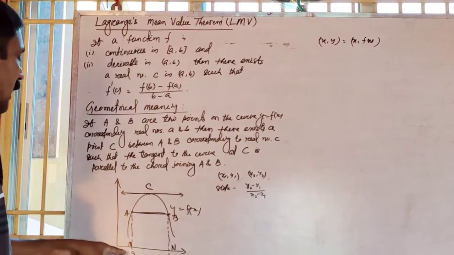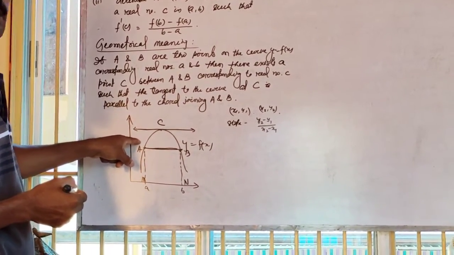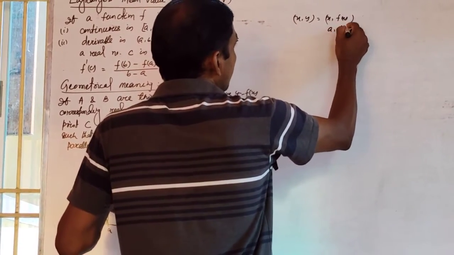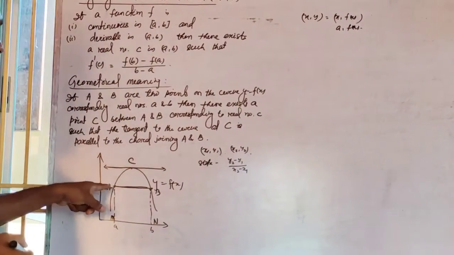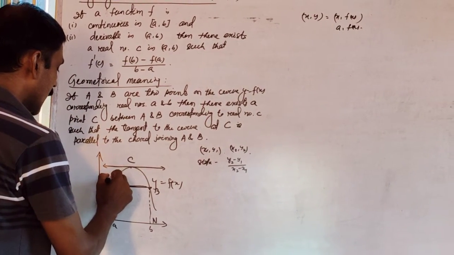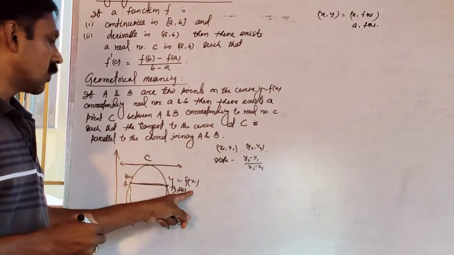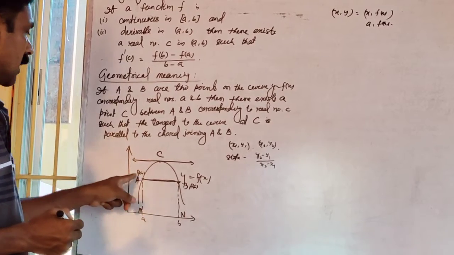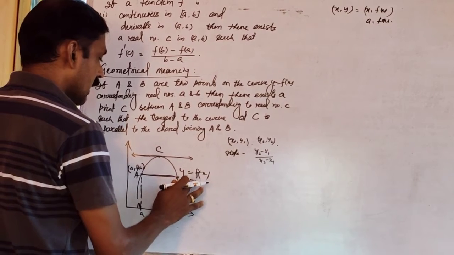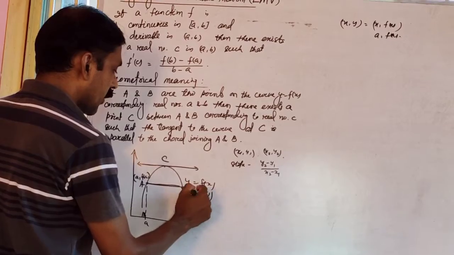So the coordinate of point A is a comma f of a, and this point is b comma f of b.